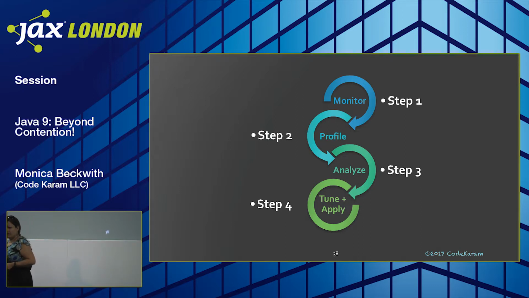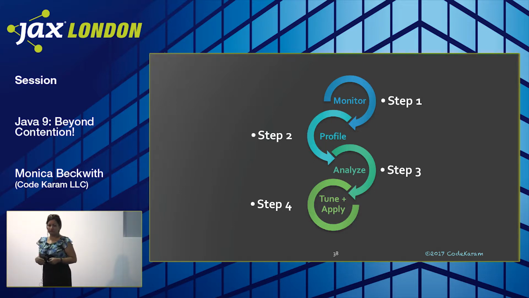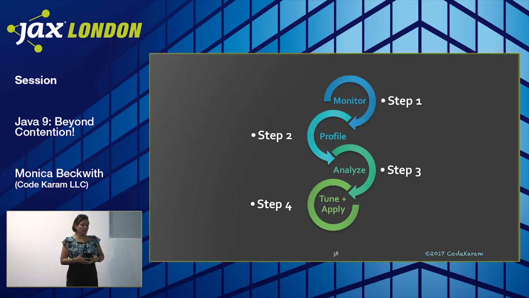Now you have done monitoring, you have basically the ability to get information regarding when your thresholds or your service level agreements are crossed. Then the next step is profiling. So what does profiling help us with? Profiling gives us a visual into what's actually happening on my platform.